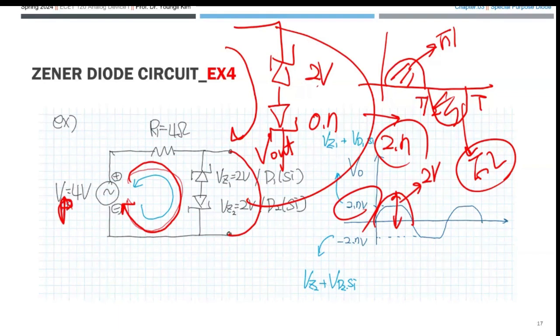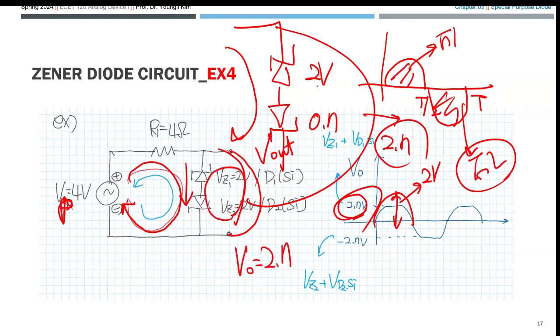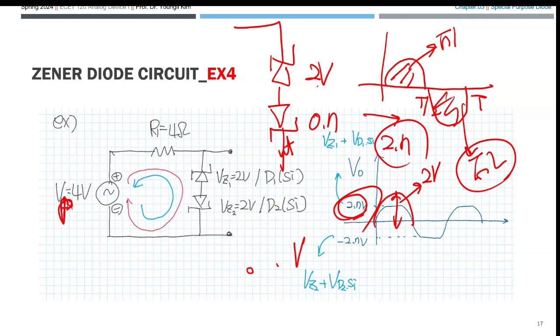Let's say yes, the peak voltage. So that was the clipping because the forward here was 2.7, so 2.7 applied to the out voltage. But here it is reverse biased, so this should be V sub Z, which is the 2 volt.